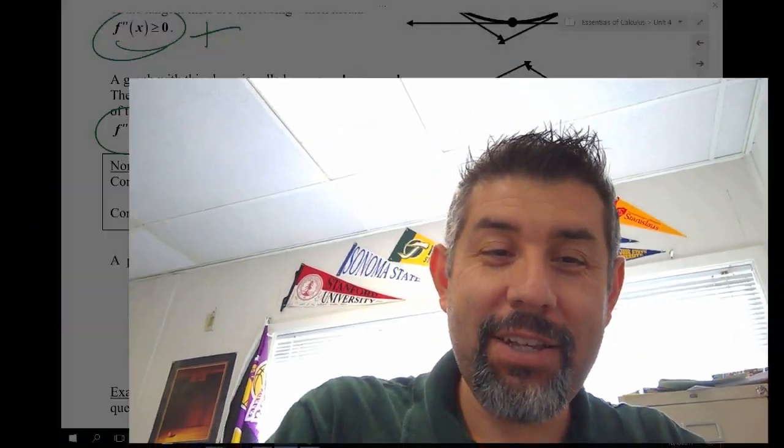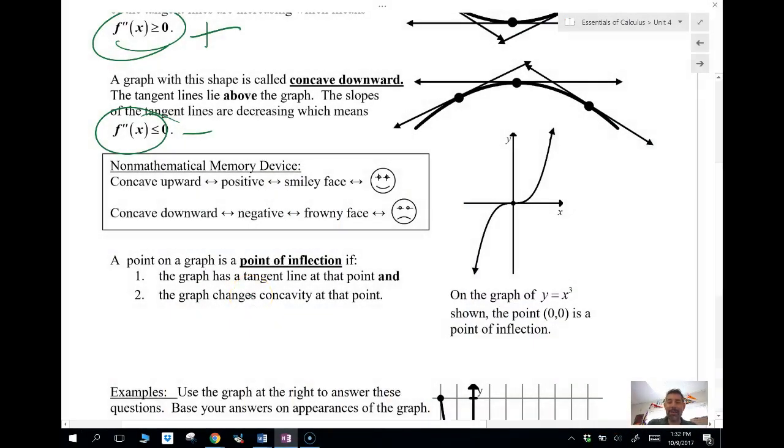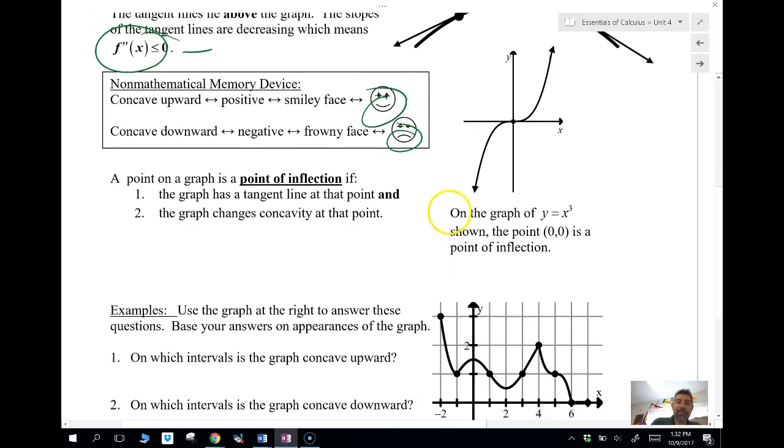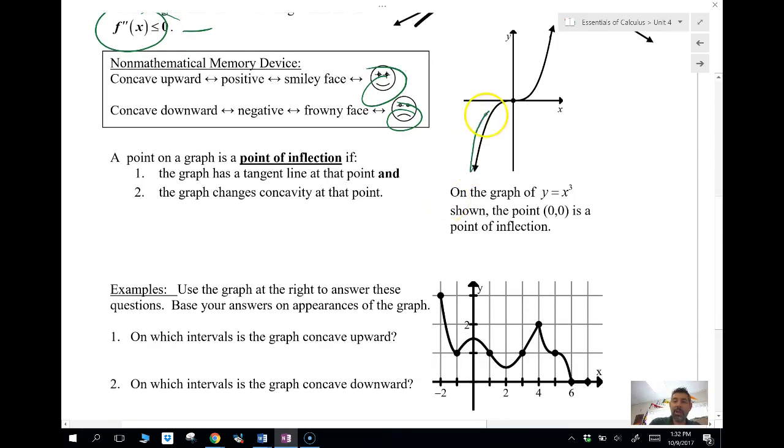Concave down, sad face; concave up, smiley face. That's how we could tell if it's concave down and concave up. So if we took a look at this, we'd be going concave down and concave up.